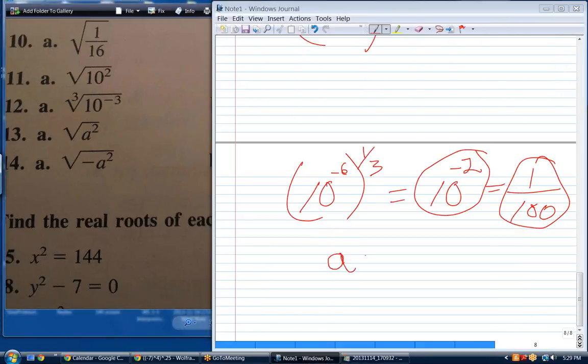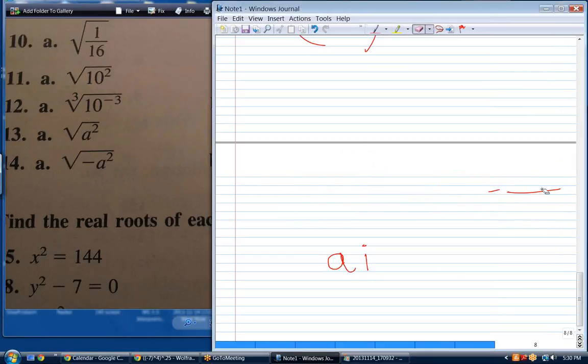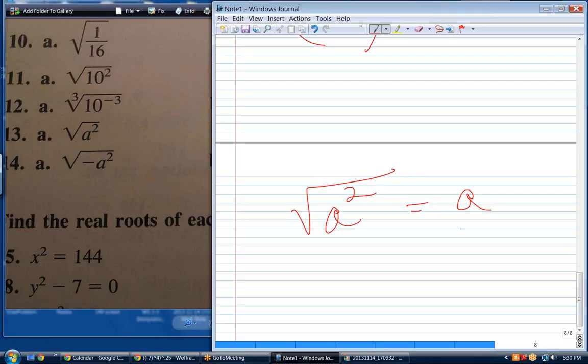Yeah. Now the question is, is it plus or minus A? And I think it is. Hold on a second. If I said, what is this? In fact, we may have to go back and redo some of these. Is that A? Or is that plus or minus A?